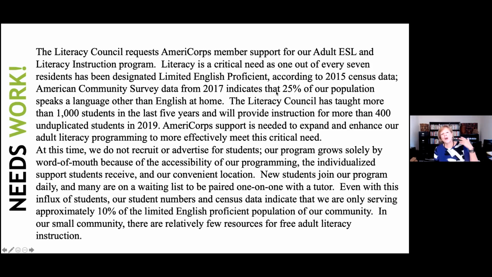They started down the right path, but then they started into justifying the agency, that the Literacy Council has taught more than 1,000 students in the last 5 years and is going to provide instruction for more than 400 unduplicated students in 2019, and why AmeriCorps support is needed. So that's not the stuff that goes in the needs statement.